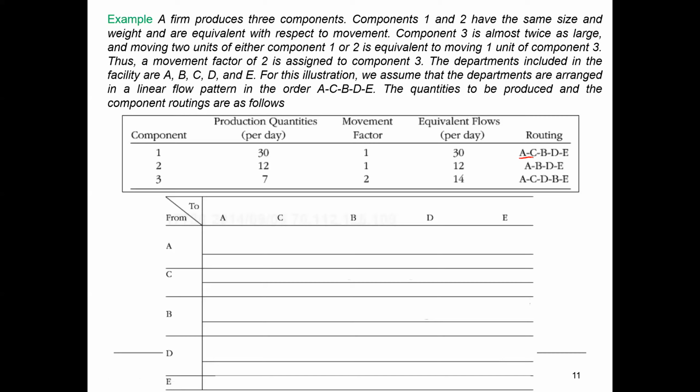So I'm going to go here and say, okay, from A to C, number 1, the flow is going to be 30, right? So you're moving 30 units per day from A to C. Then you move those 30 units from C to B. So C to B is also 30.